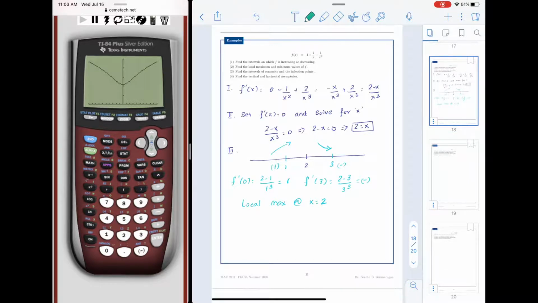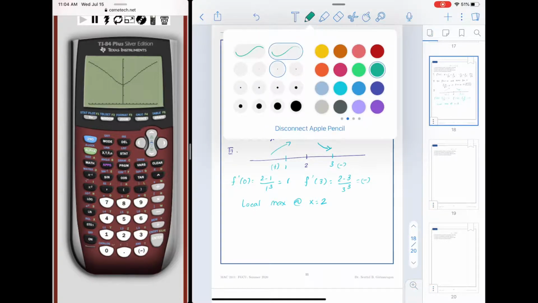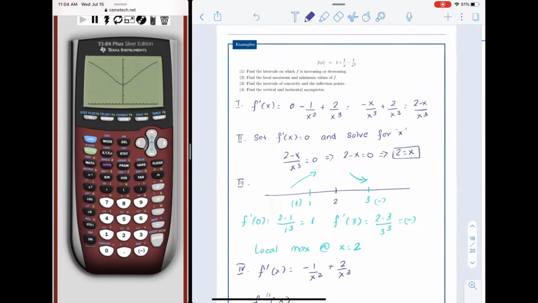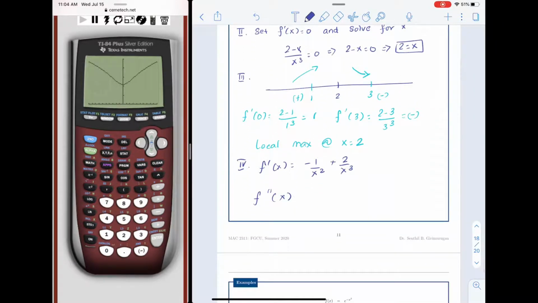Let's find the second derivative. F prime of x is minus 1 over x squared plus 2 over x cubed. So f double prime of x would equal 2 over x cubed minus 6 over x raised 4.